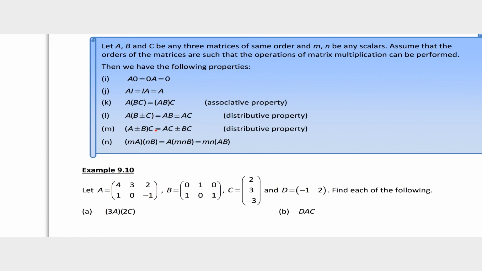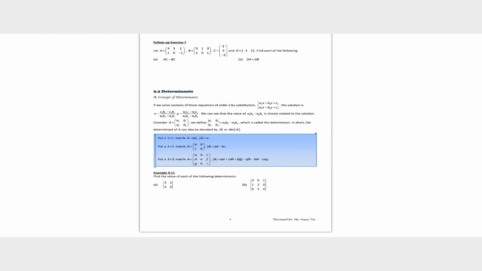So we have two distributive properties. If C is on the right-hand side, if we distribute into the matrix, C must still be on the right-hand side. You may turn to page 9 and do follow-up exercise 7.